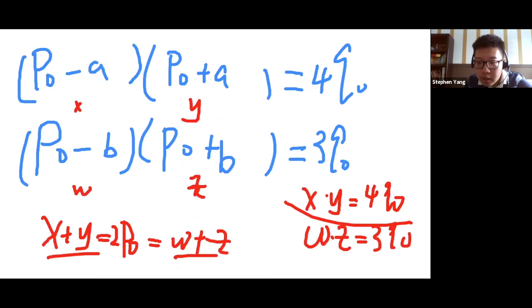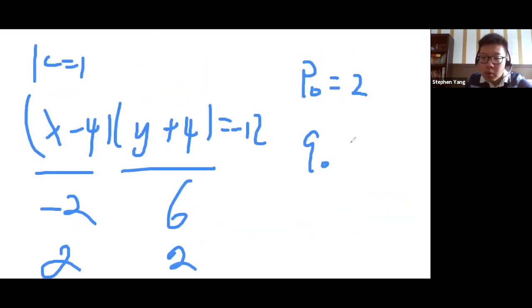Q0 is W times X divided by 4, which is 1.